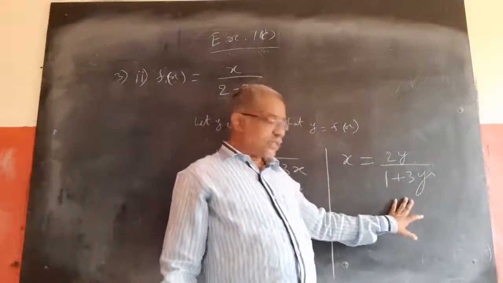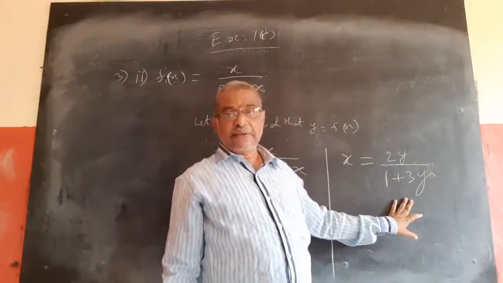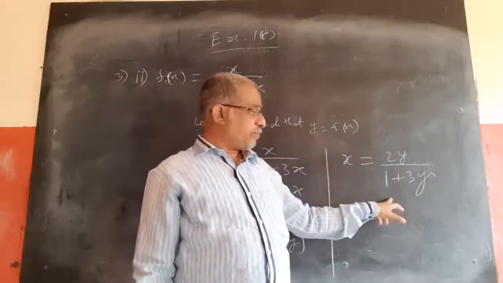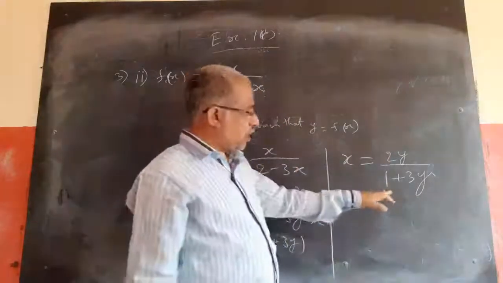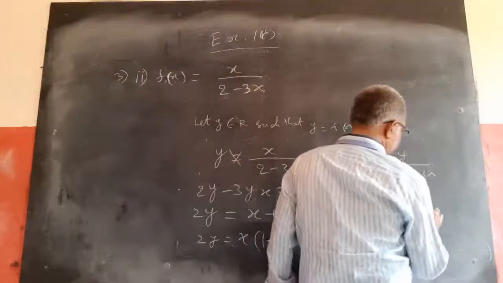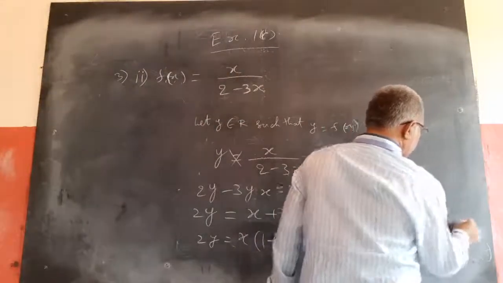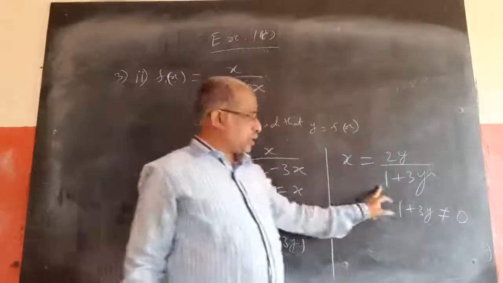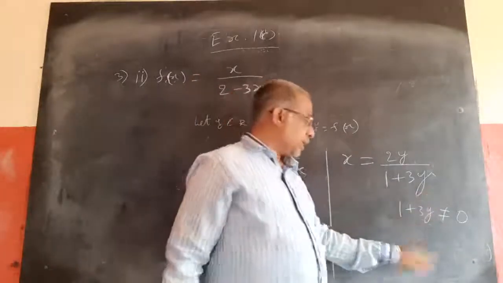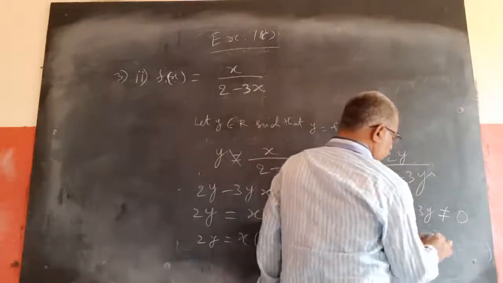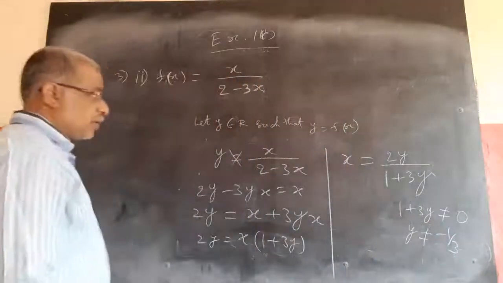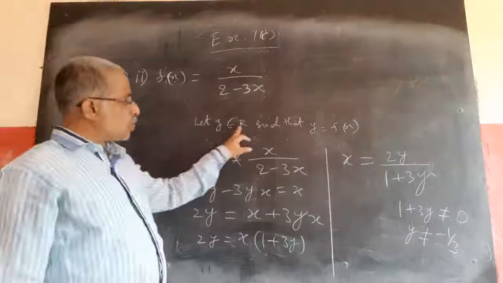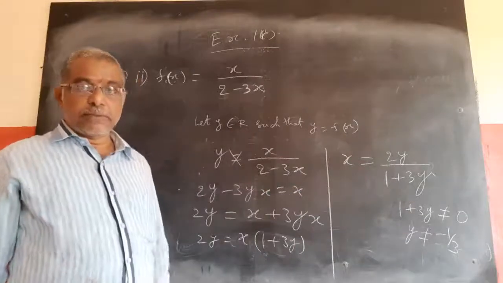Now the domain of this function becomes the range of the required function, because this is the inverse function I found. So what is the domain? 1 plus 3y should not be equal to 0, then y is not equal to minus 1 by 3. Y belongs to R but is not equal to minus 1 by 3.